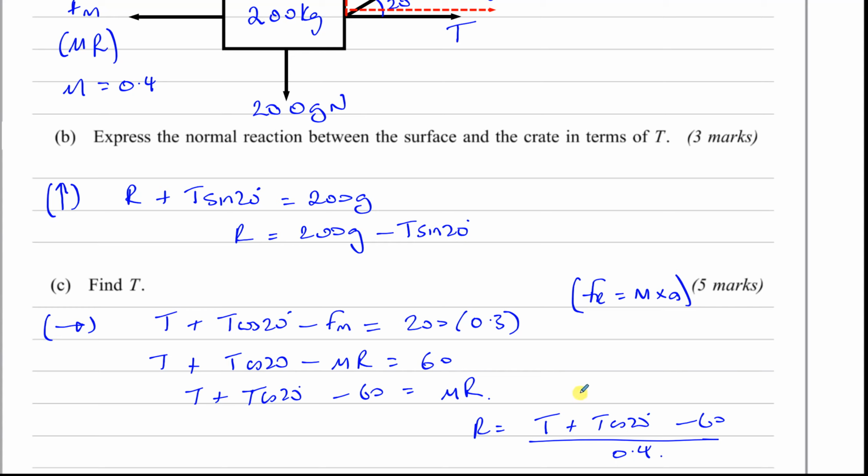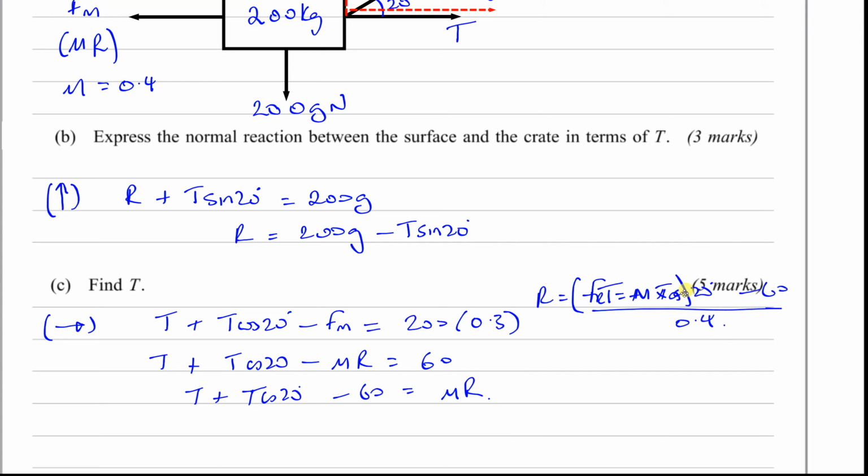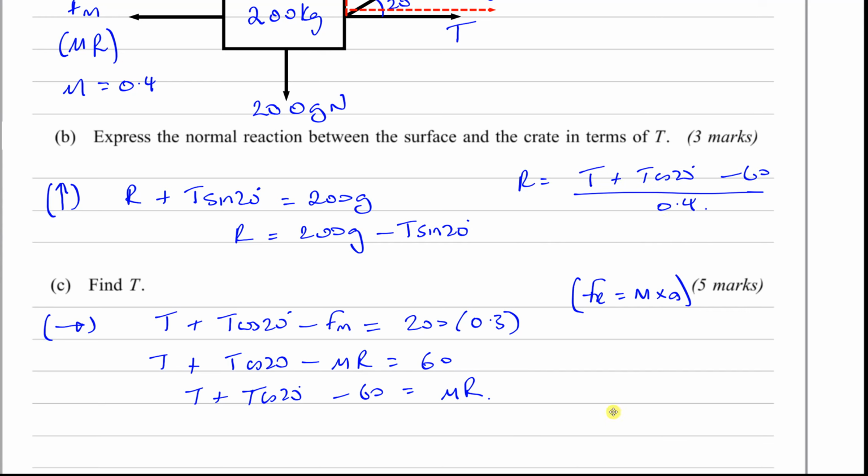Then we will have an equation that we can find T from, right? Technically, this is R in terms of T, even though the mark scheme doesn't mention this particular answer. Once we find T correctly, this equation should also give us a correct answer. So I'm going to leave that over there.